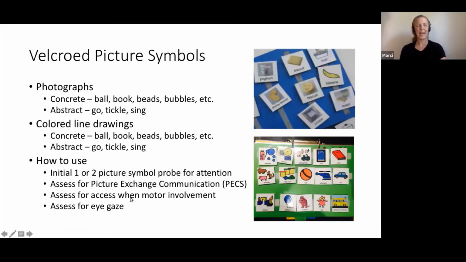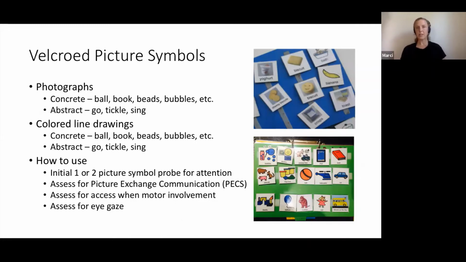Okay. So here's some examples of Velcro picture symbols. We have two books in the toolkit. One is photographs and one is line drawings. And then we have concrete symbols, ball, book, bubbles, beads, and abstract symbols, go, tickle, swing.